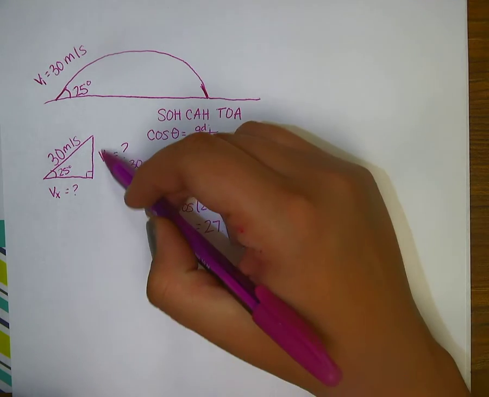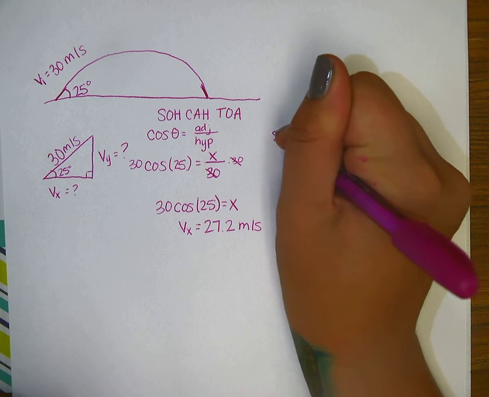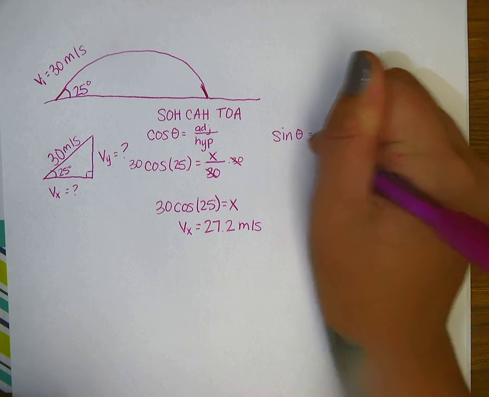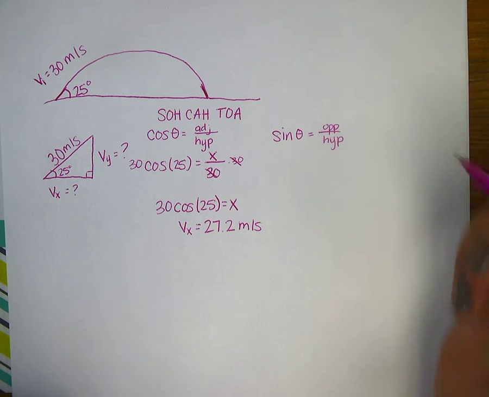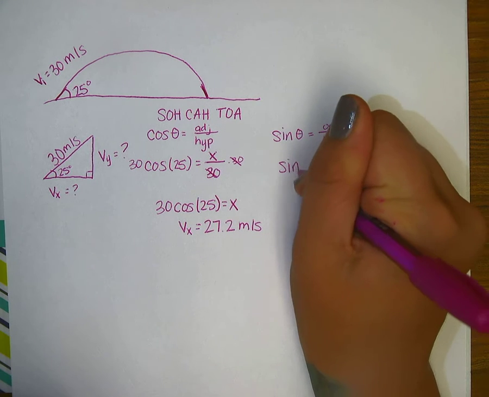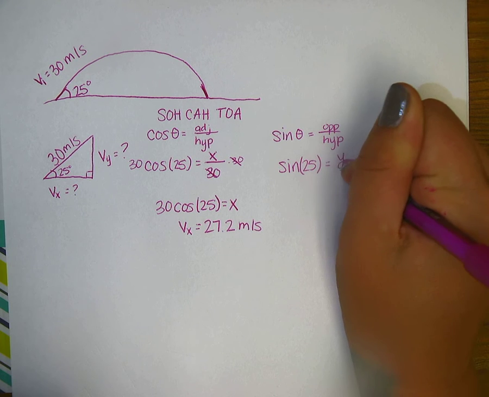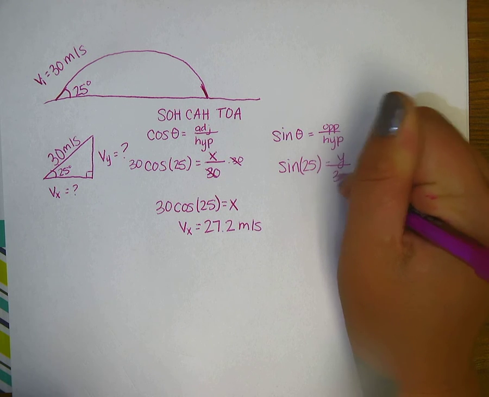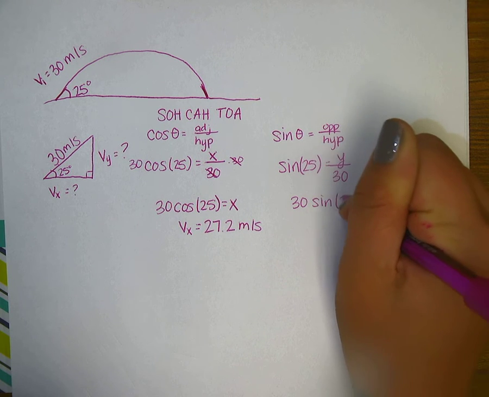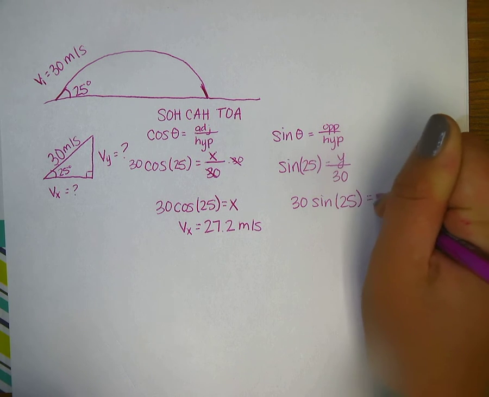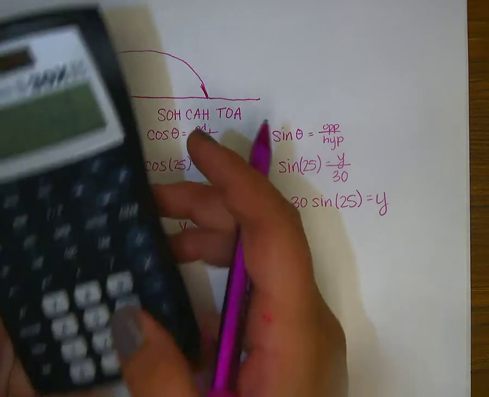We have the opposite leg and the hypotenuse, so we're going to use sine in this case. So sine theta equals opposite over hypotenuse. Okay, we can plug in 30 times the sine of 25.